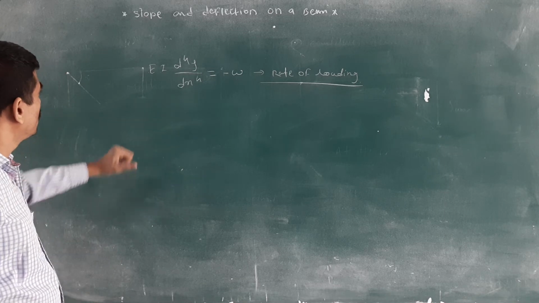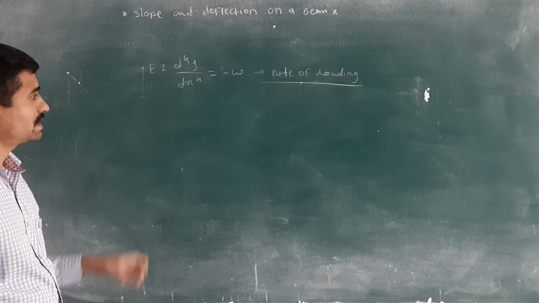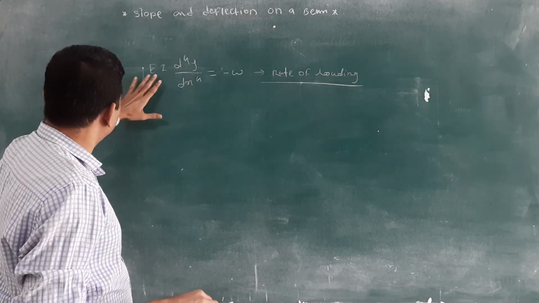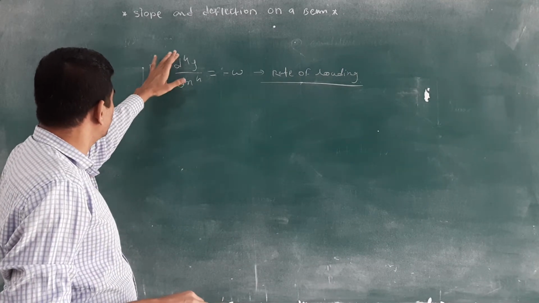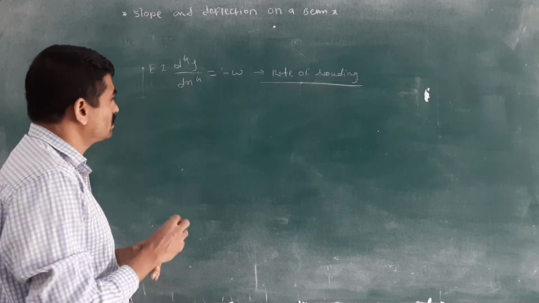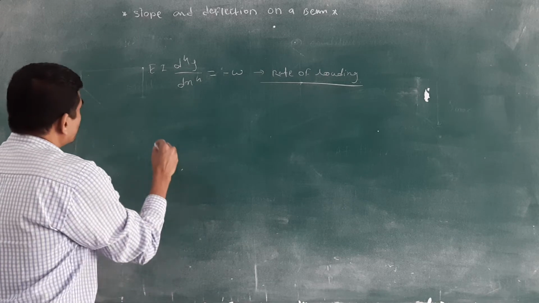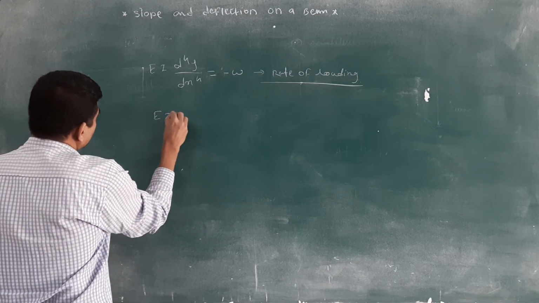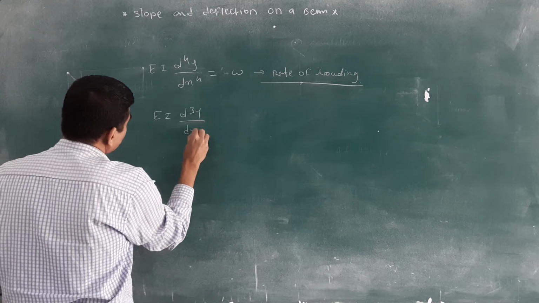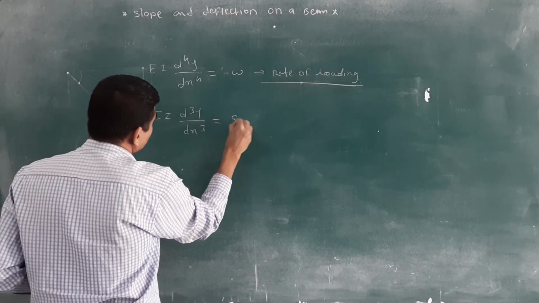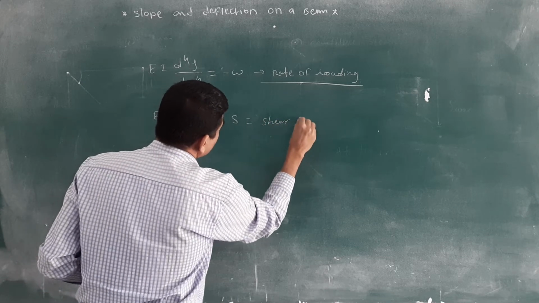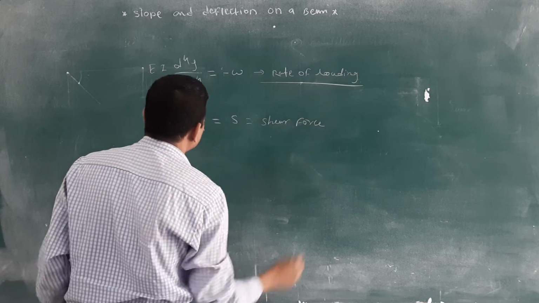Integration is given with the help of that elastic differential equation: EI d^4y/dx^4 = -w. If you integrate this, you get EI d^3y/dx^3 equal to S, where S denotes the shear force.